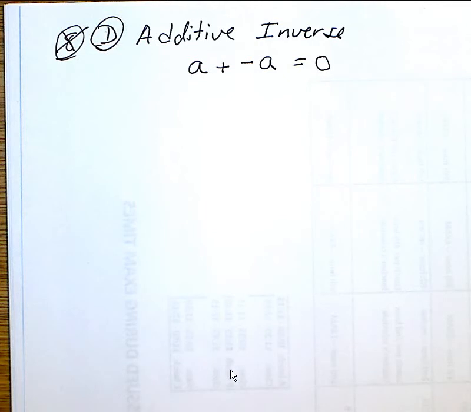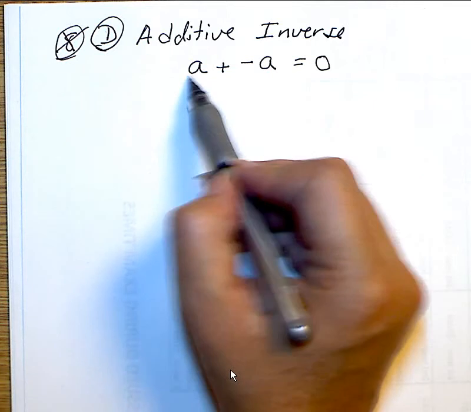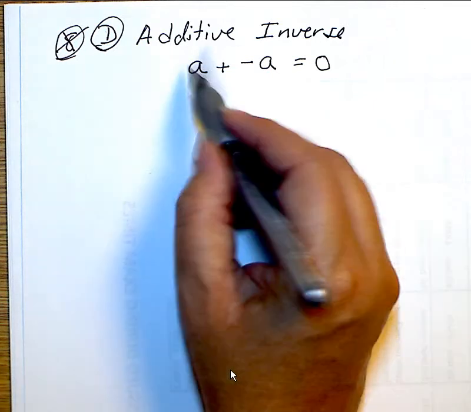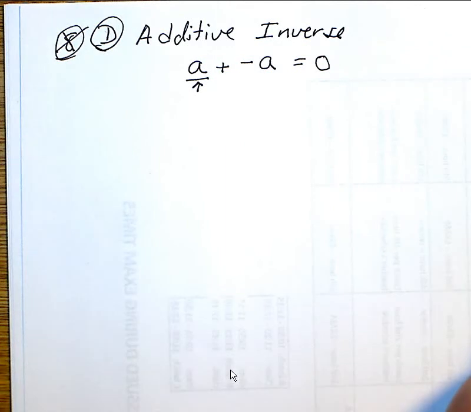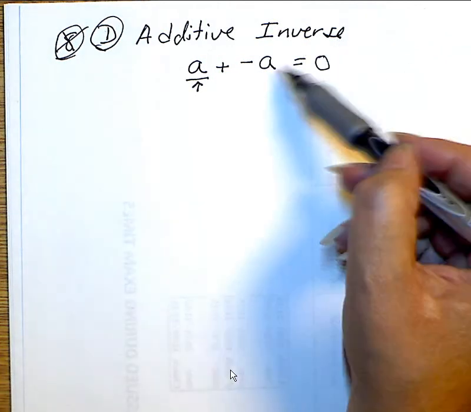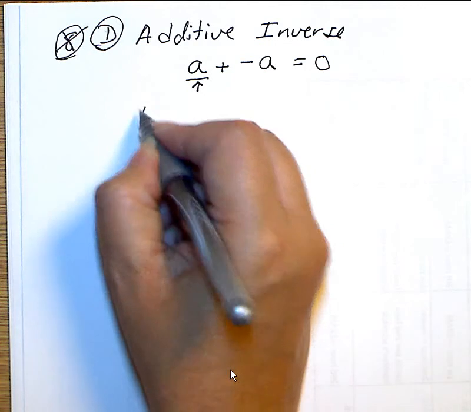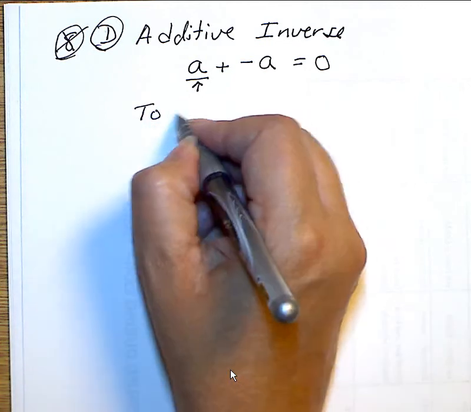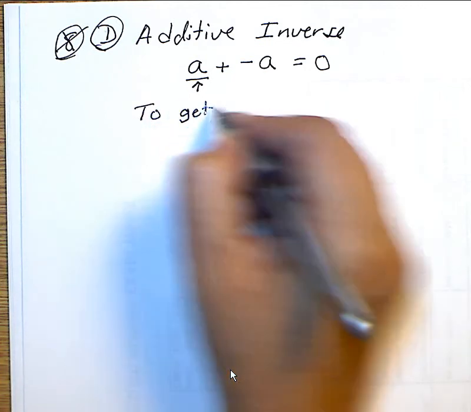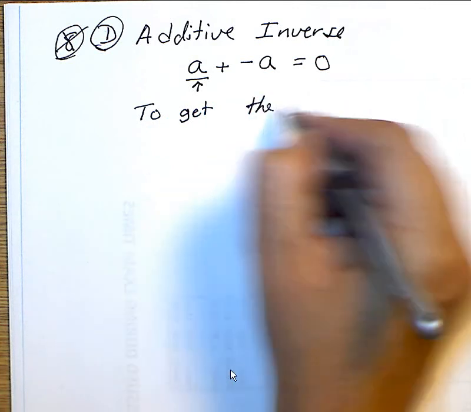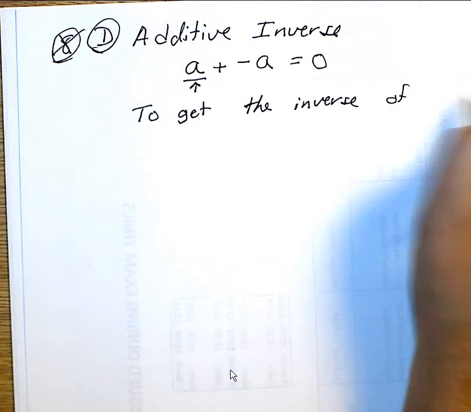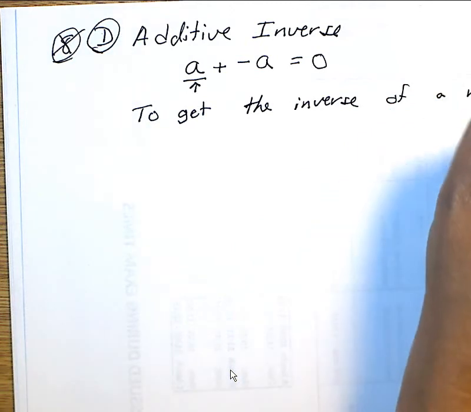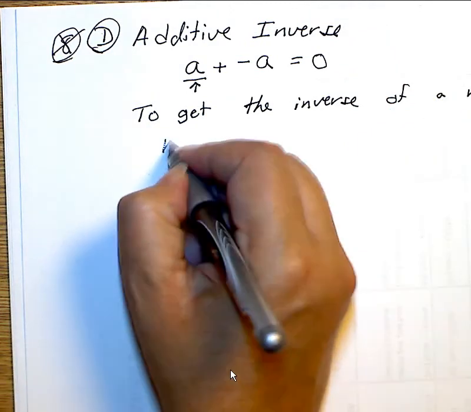And how do you think you get the inverse of a number? You multiply by a negative 1. Very good. So to get the inverse of a number, multiply by your negative 1.